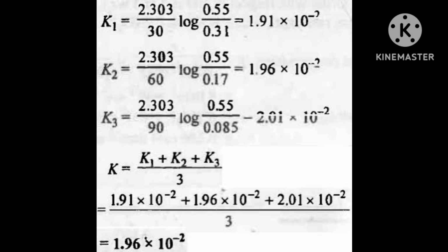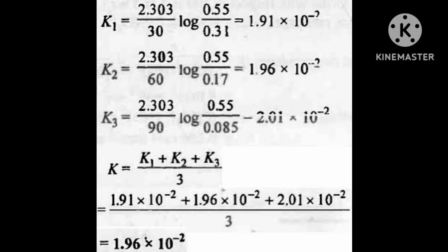You will get the K value 2.002 into 10 to the power minus 3. And third, at 90 minutes, you are going to calculate K90, just like K30 and K60.